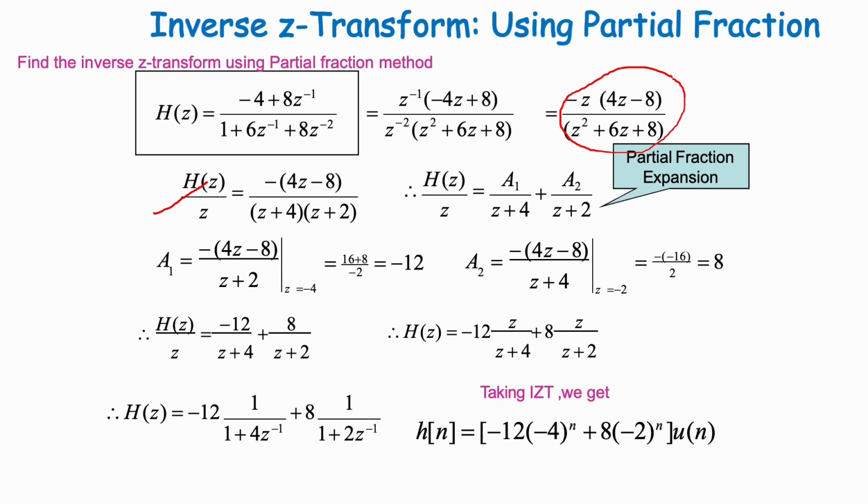After taking the inverse Z transform, we get minus 12. By using the formula from the previous table, this is minus 4 power n u of n, 8 into... because everything is a right-sided sequence, the whole answer is multiplied by u of n.